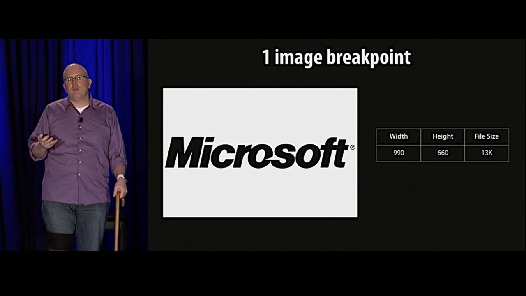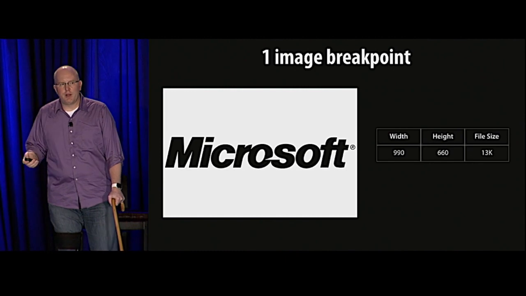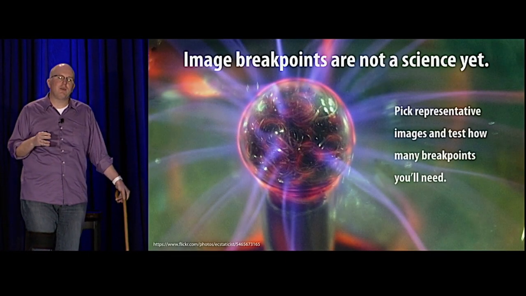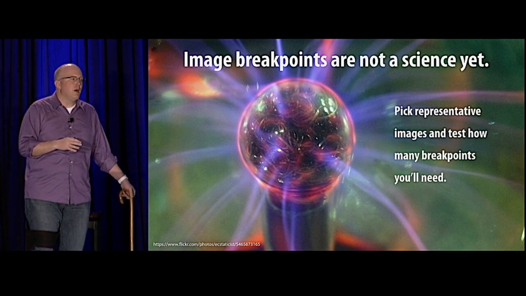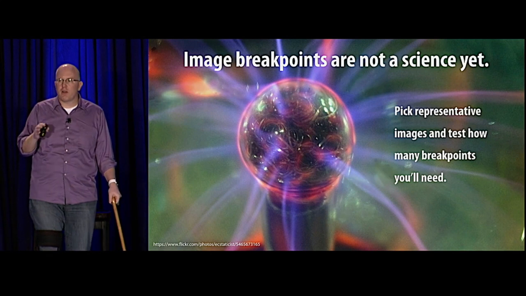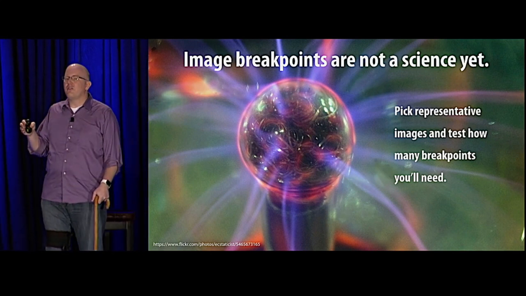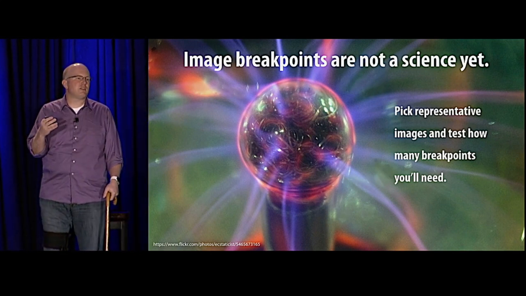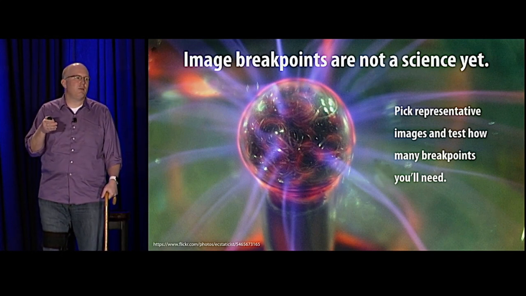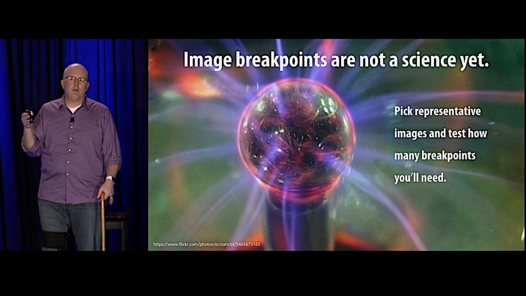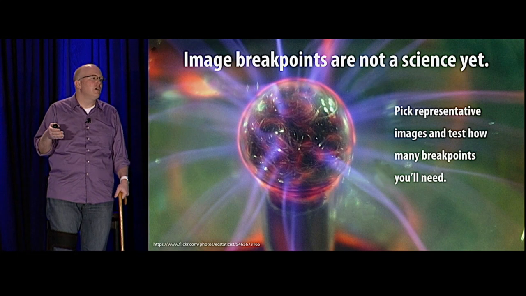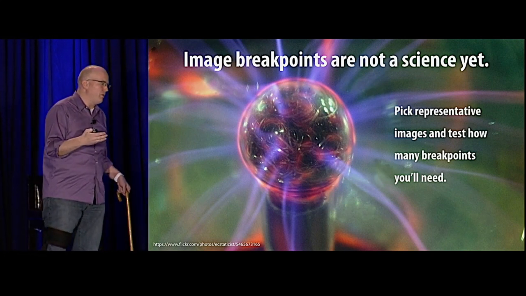Now, I'm not recommending that you go and do this for every one of your images. I just want to make the point that image breakpoints are not a science yet. We're still trying to figure out how to make these decisions. And performance budgets are just one of the ways in which we're talking about it. Some of the folks at Akamai and Google have been talking about, instead of using performance budgets to make these decisions, actually looking at what the most frequently requested image sizes are using their systems, and then having those cached on their CDN close, so that that actually provides a performance boost.